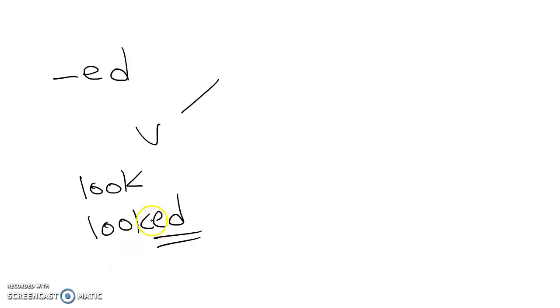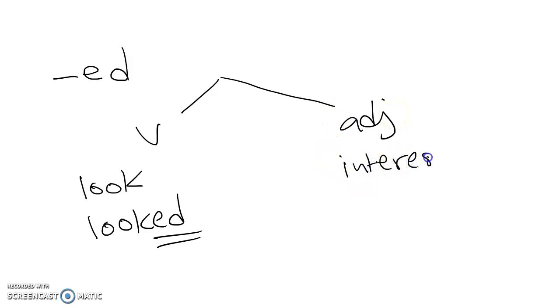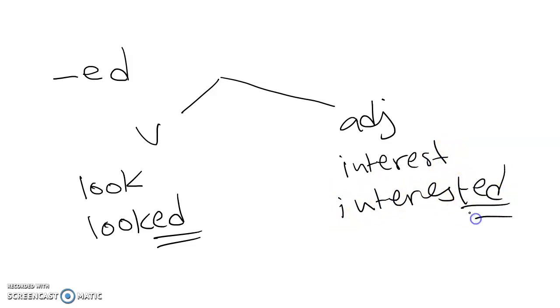I got the past tense by adding -ed to the end of this verb. On the other hand, I can add this -ed to words to get an adjective, like we have interest, interested. So this word becomes an adjective because we add the -ed.